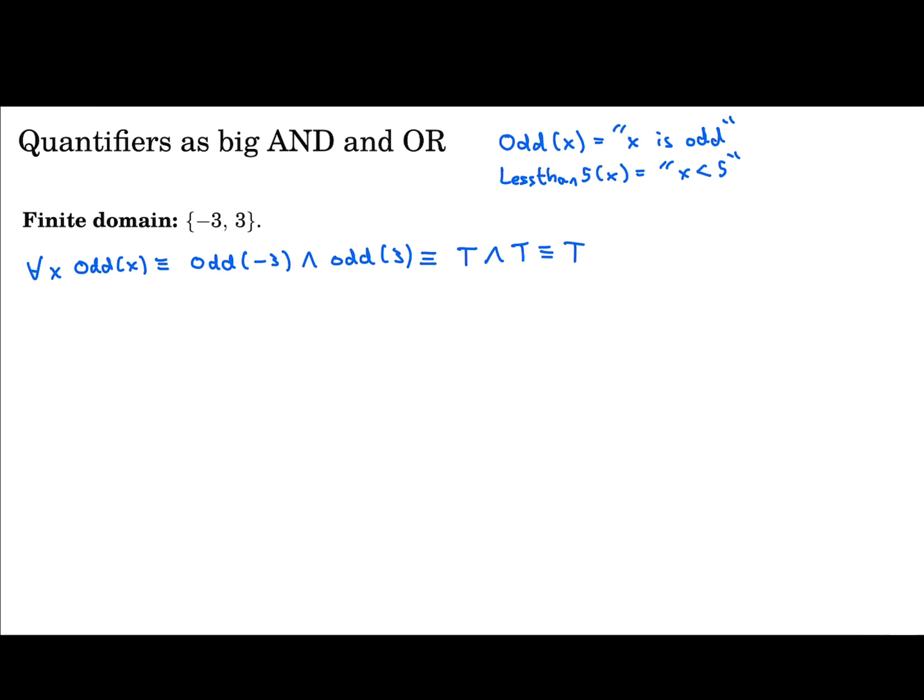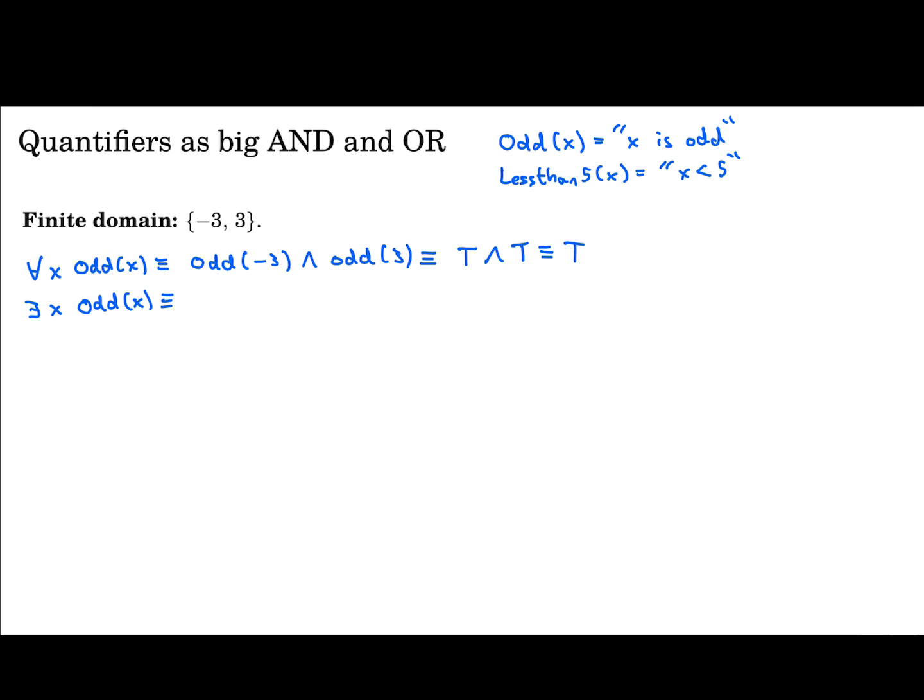Now, if we look at there exists, for example, so there exists x such that odd of x, then instead of an and, this is going to be like a large or, because you only need to have this be true for one of the elements.